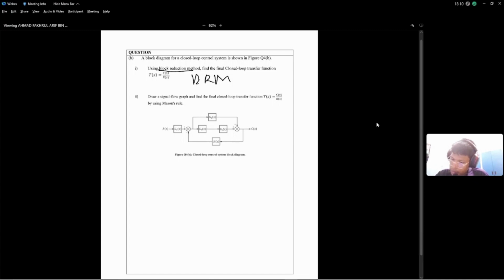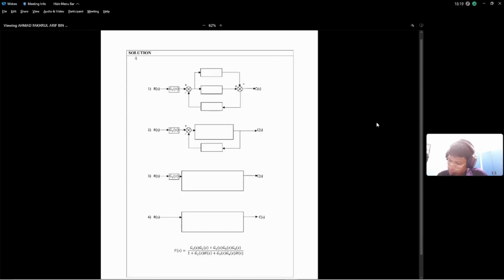So this is the block diagram. I already solved the block diagram a little bit, and then we just need to fill in the blank.